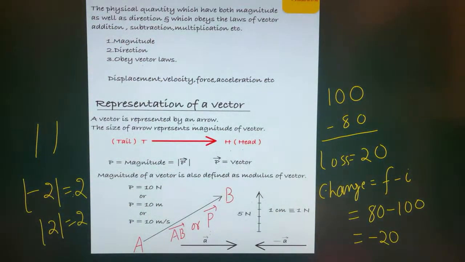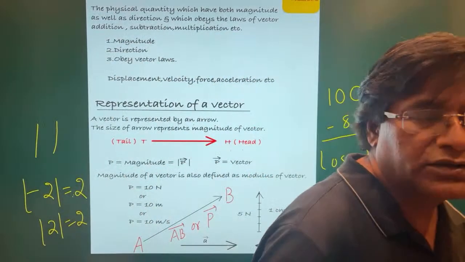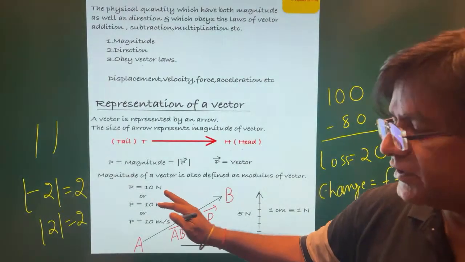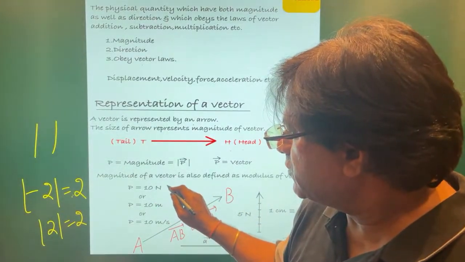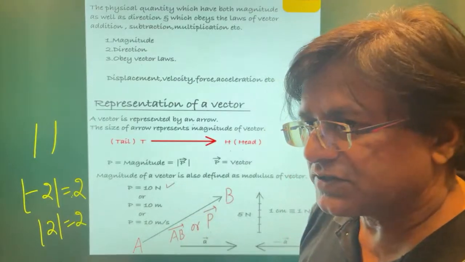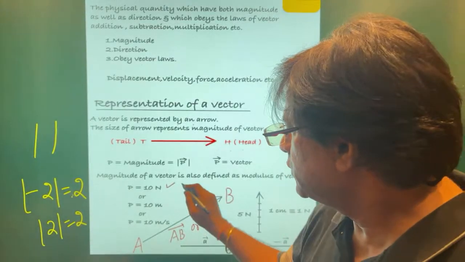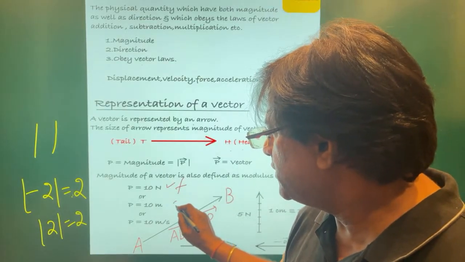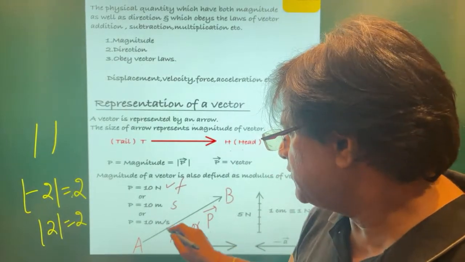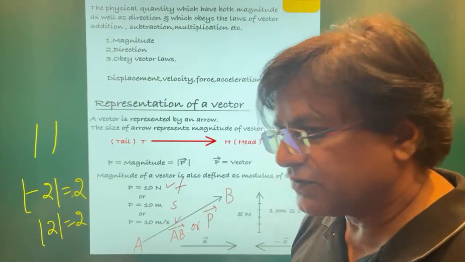Now the magnitude will tell us what type of quantity this is, right? Say if the magnitude of that physical quantity is 10 Newton, then we can say we are dealing with force. If it is 10 meter, then it should be displacement, and if it is 10 meter per second, then it should be velocity, right?